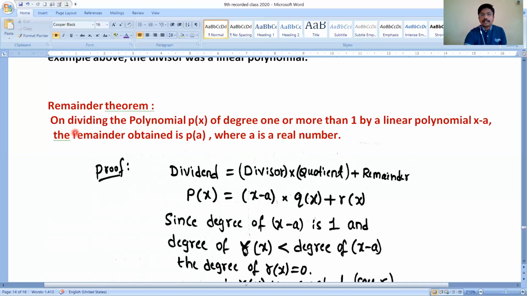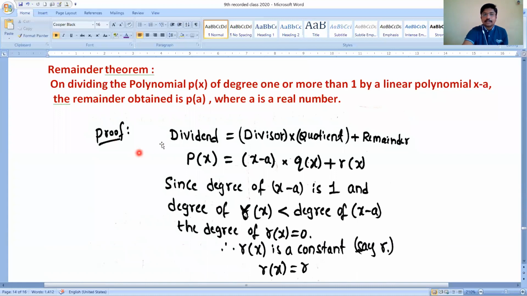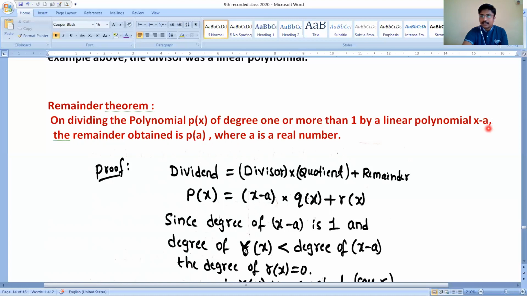Let us see how it is. Dividend is equal to divisor into quotient plus remainder. Already we know this. The dividend is p of x and the divisor here is x minus a. Therefore, we consider the linear polynomial x minus a, and we get quotient q of x and remainder r of x.